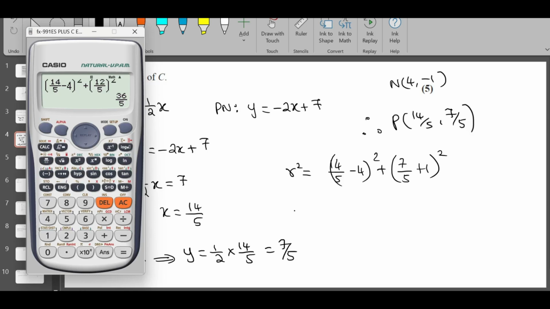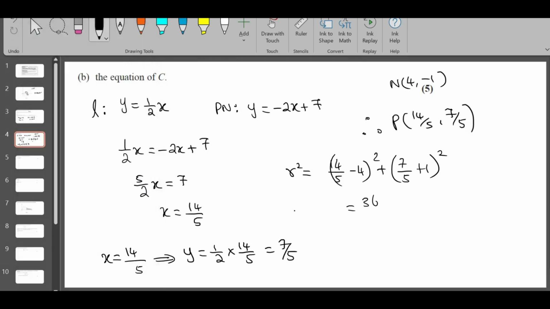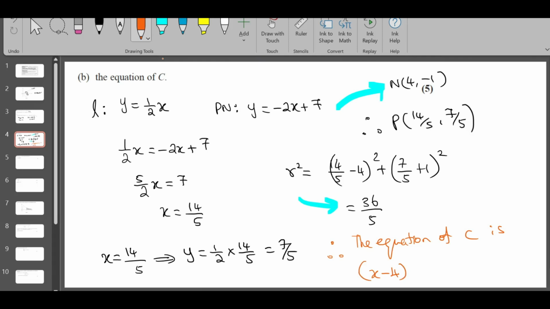You get 36 over 5. So this is the center of the circle, this is the r square. You can write the equation. Therefore, the equation of C is x minus a, where a is the coordinate of the center, whole square plus y minus b, that becomes y plus 1 whole square, is equal to 36 over 5. That's all. It's a 5-mark question.